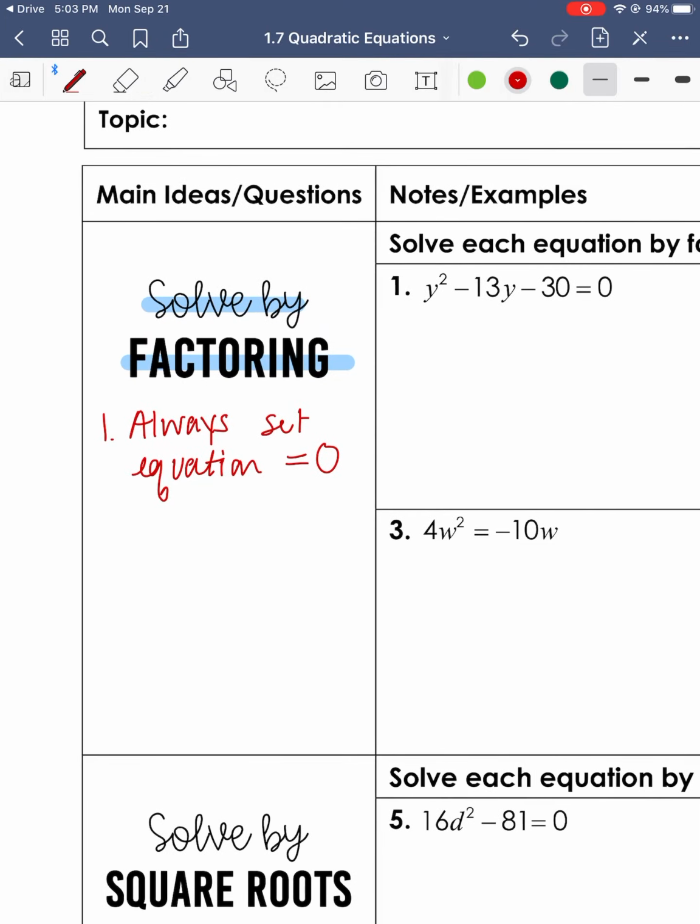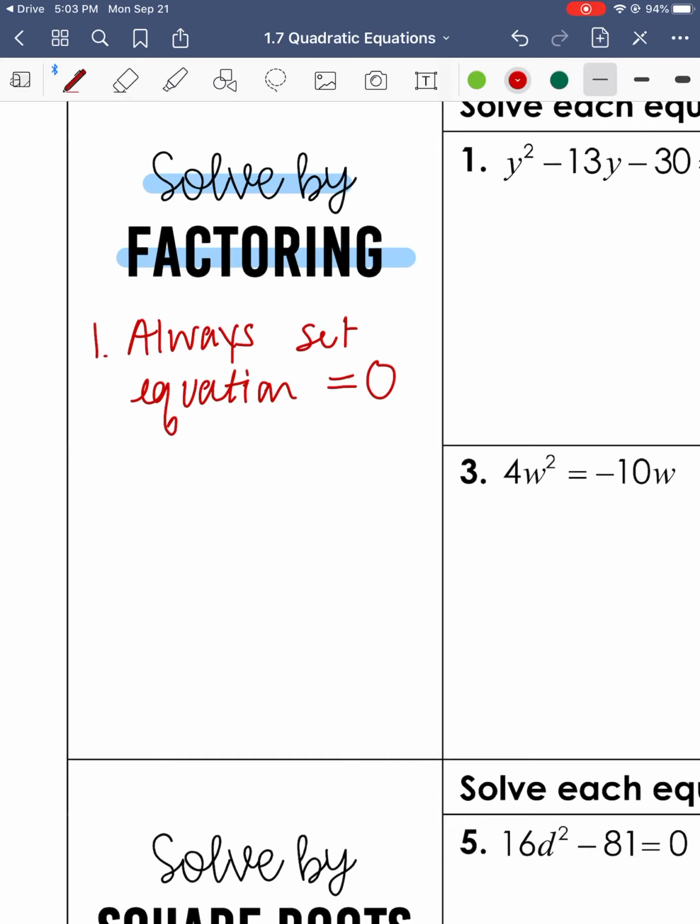Okay, and the reason that we do this is actually kind of important. It gets lost on students a lot, but the reason we need to do that is because in order to find a value of x, we're going to have to factor it to get a number times another number equal to 0.